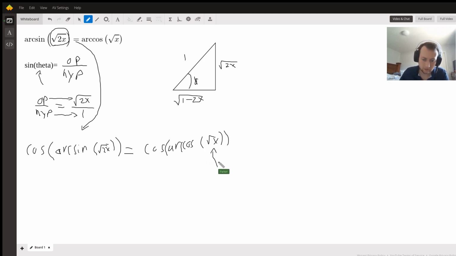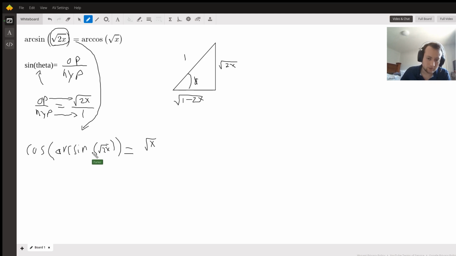And then you're putting that angle into cosine. You're putting in an angle and you're saying, what's the ratio? In other words, cosine is a function, and arccosine is its inverse function, which cancels it out, and it just leaves you with square root of x.